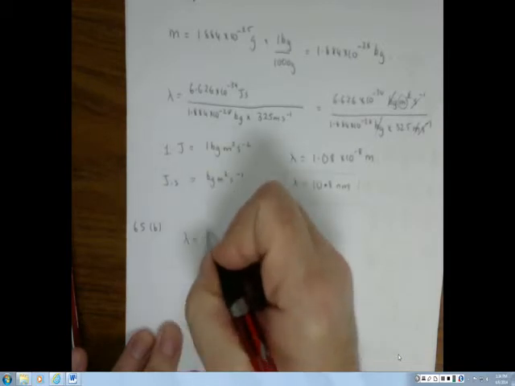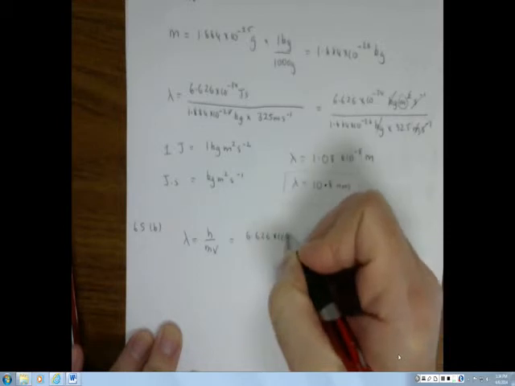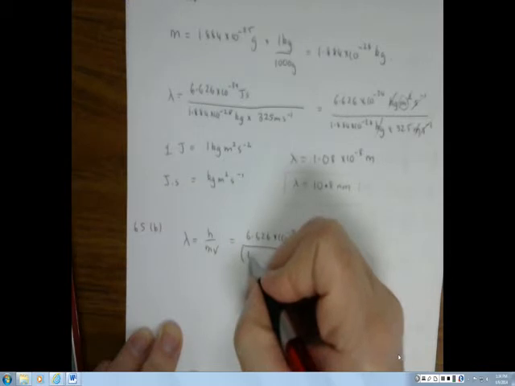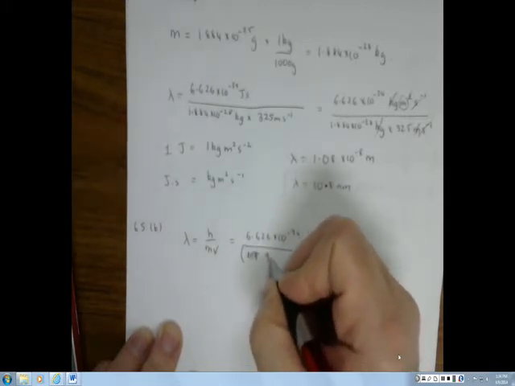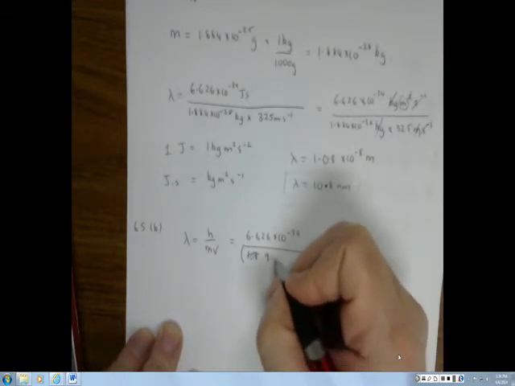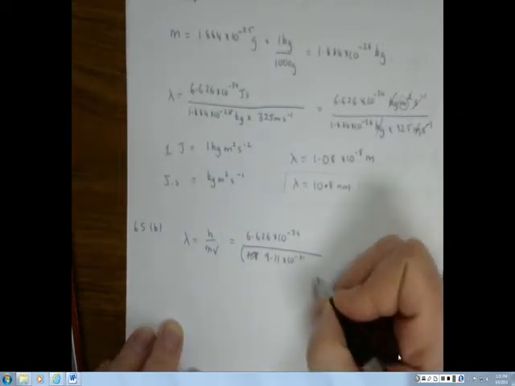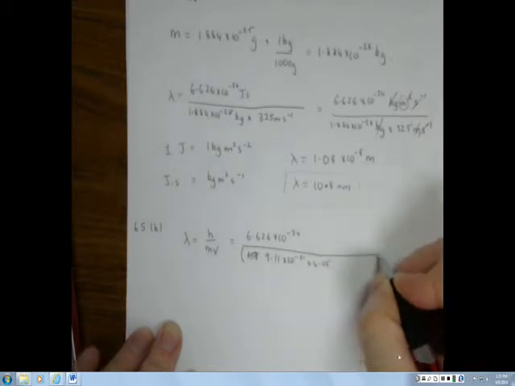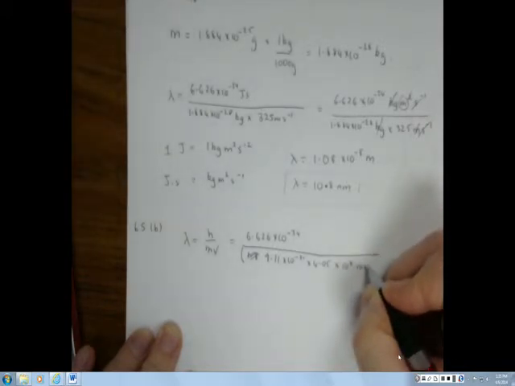So lambda equals h on mv, 6.626 times 10 to the minus 34, and the mass, sorry, mass of an electron is 9.11 times 10 to the minus 31 kilograms, okay, and its velocity is 4.05 times 10 to the 6 meters per second.